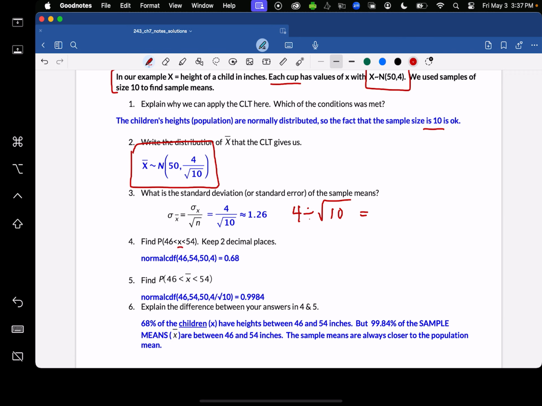Notice that we're talking about X, the student height, and so you shouldn't be surprised to see the result of 0.68. We go to second distribution, normal CDF, lower, upper, mu, and then sigma, and that gets us our 0.68.